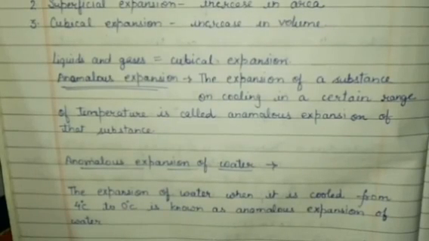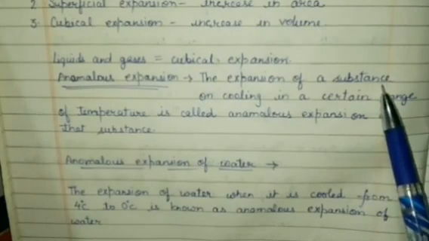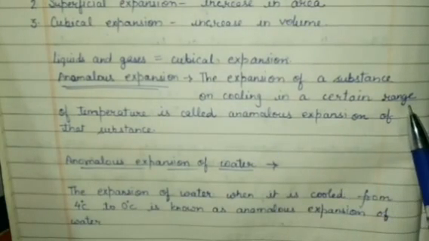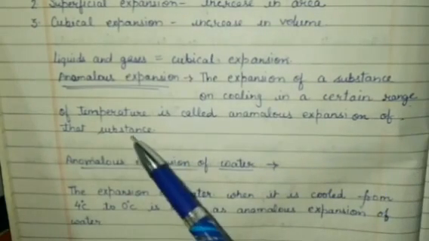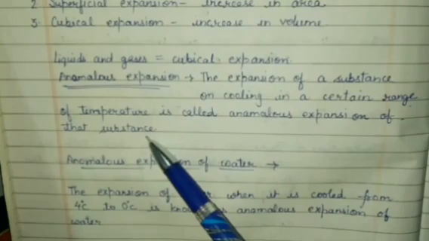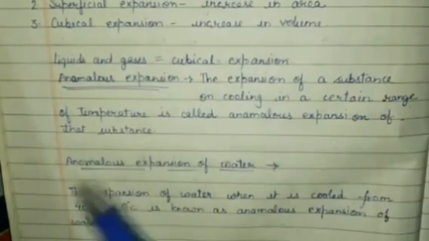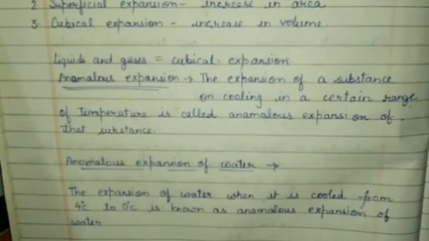Now, what is anomalous expansion? The expansion of a substance on cooling in a certain range of temperature is called anomalous expansion of that substance. In thermal expansion, we have studied that on heating a substance, it expands.